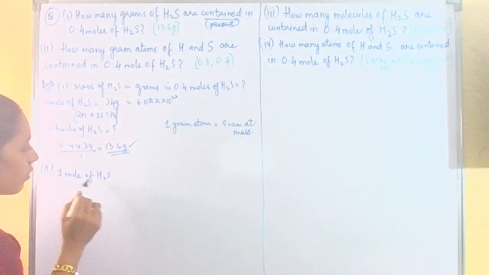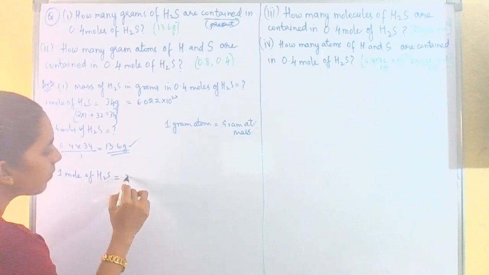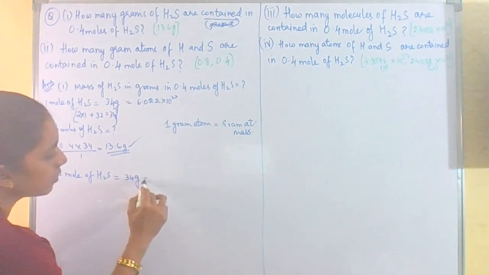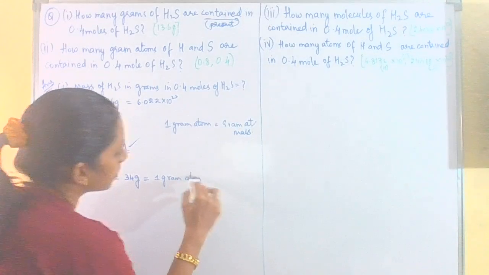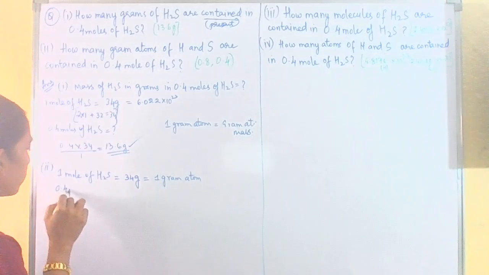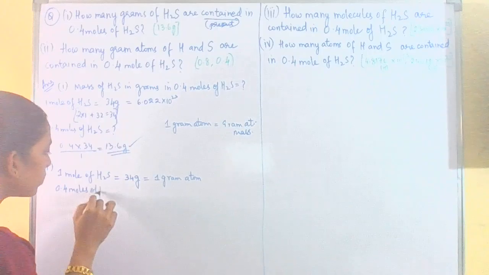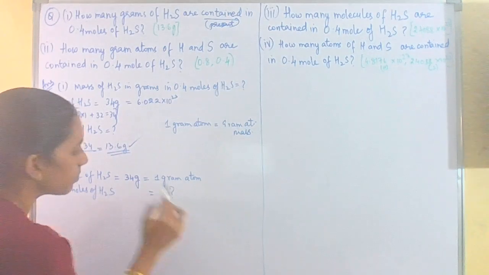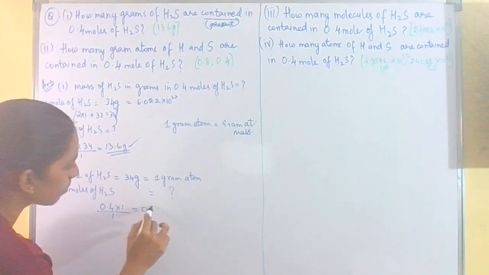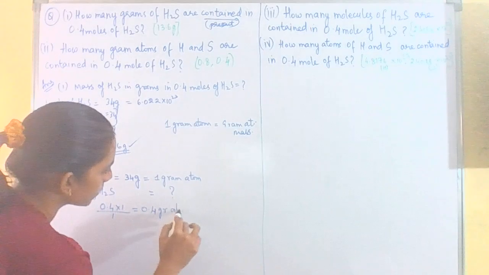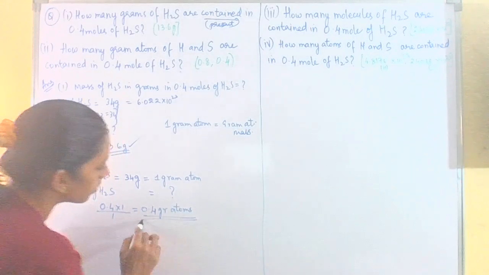So 1 mole of H2S is equal to 34 grams, which is equal to 1 gram atom. Then for 0.4 moles of H2S, gram atom is how much? 0.4 into 1 by 1, which is equal to 0.4 gram atoms present in 0.4 moles of H2S.